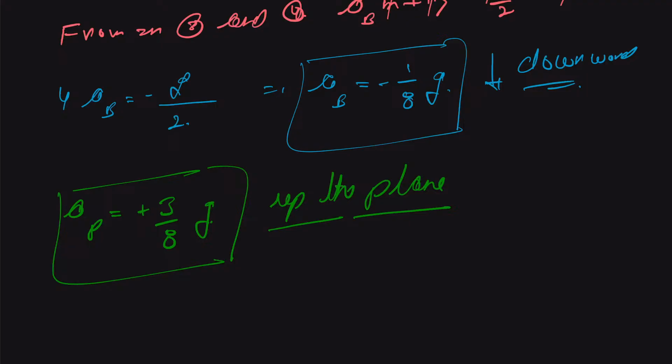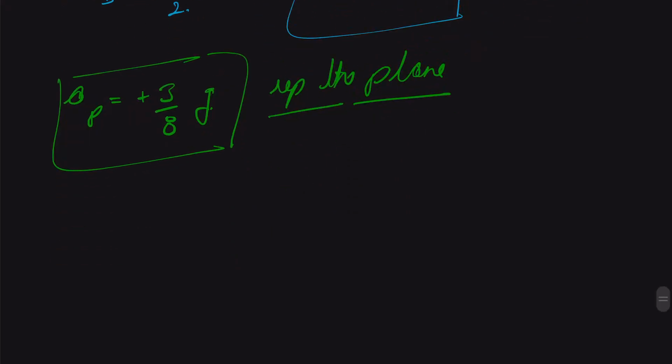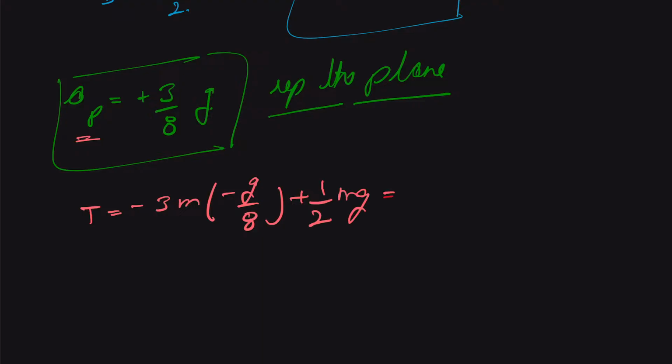In the question it was not mentioned, but that is sometimes quite possible. So we can say tension T, because we have both values of acceleration, this comes as minus 3 of m, and this comes minus g upon 8 plus 1 by 2 mg. So this comes as 7 by 8 times mg.